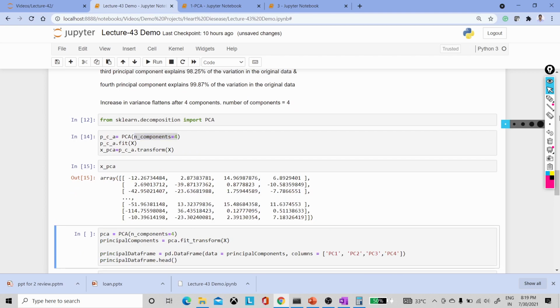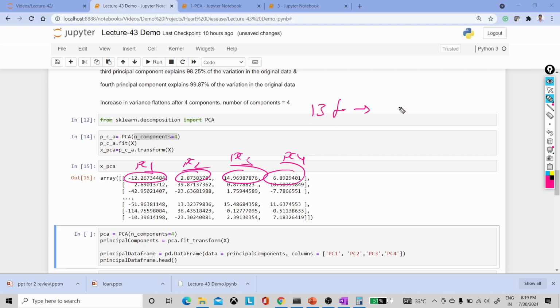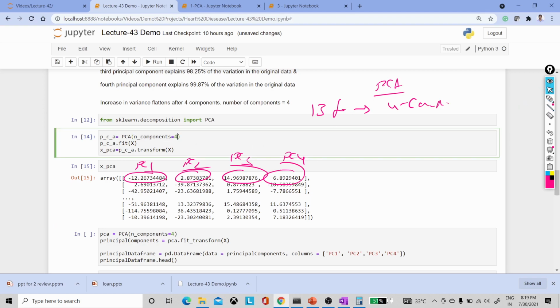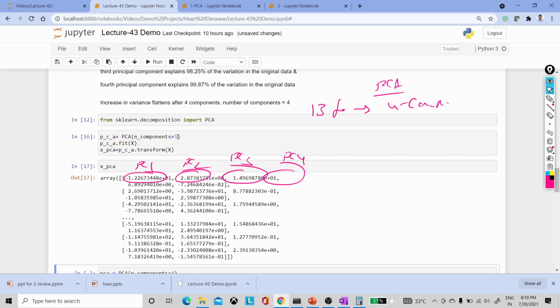See here, this is PC1, PC2, PC3 and PC4, which means the 13 features of the data can be converted into 4 components by applying the PCA. If you give 5 here, you will get 5 components.